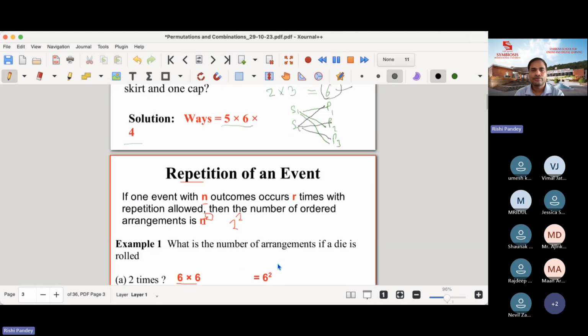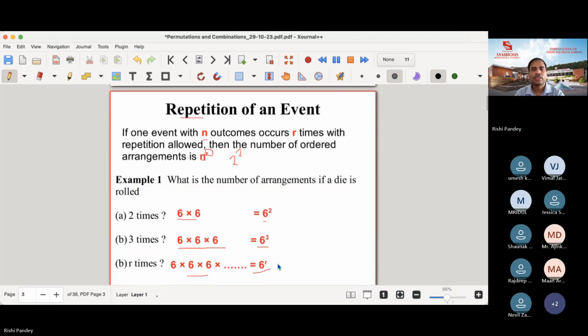Very important rule. Second one: if repetition is allowed, then we can write the multiplication as many times as it repeats. For example, if you have one coin, what are the possibilities if you throw the coin? Throwing the coin, 2 possibilities, heads and tails.